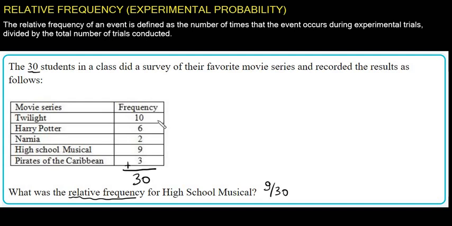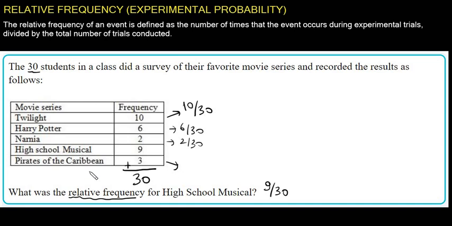For Twilight, the relative frequency is going to be 10 over 30, right? Because the frequency for Twilight is 10 and the total frequency is 30. For Harry Potter, it is going to be 6 over 30. For Narnia, it is going to be 2 over 30. For High School Musical, it is already 9 over 30.